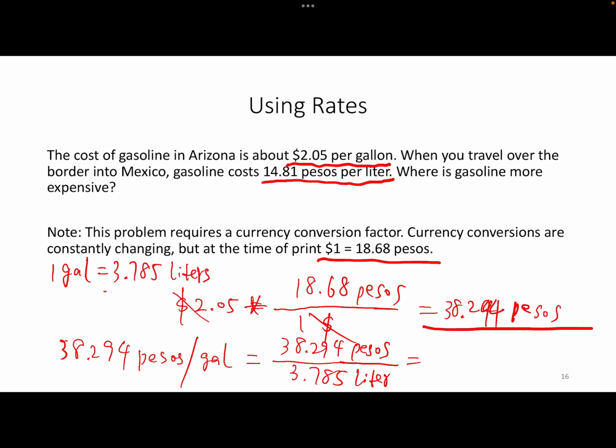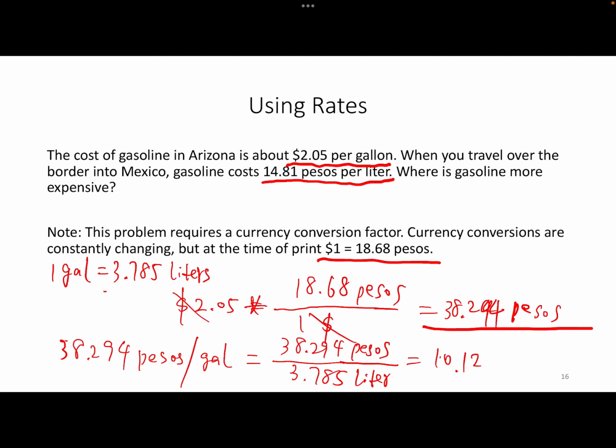So now we just need to find the unit rate, right? Use 38.294 divided by 3.785, and then you use the calculator. We can get about 10.117, we round it.